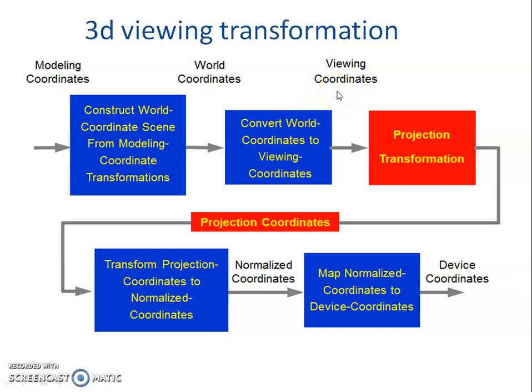Then we apply the projection transformation, and after that, the projection coordinates are transformed to normalized coordinates, and those normalized coordinates are mapped to device coordinates. Then what we get as output in the output device is device coordinates, which are 2 dimensional.